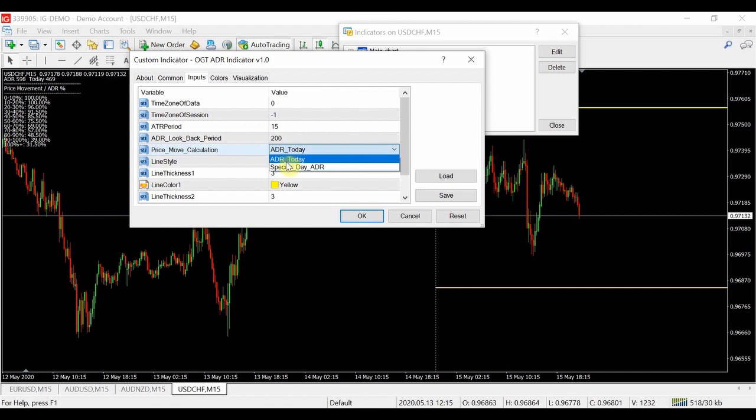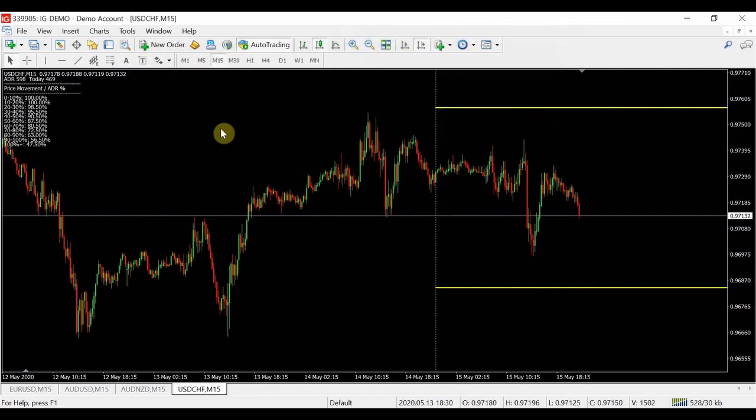The next one is that you can actually look at this data based on the actual ADR for that particular day. If I select that, hit OK and let that refresh, let's just do this 60 to 70%.